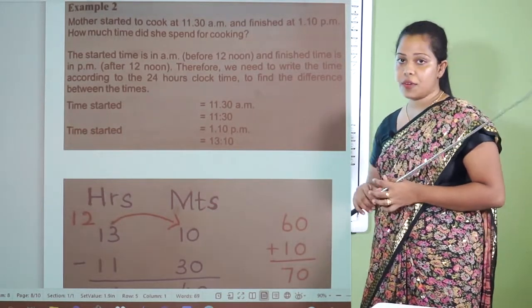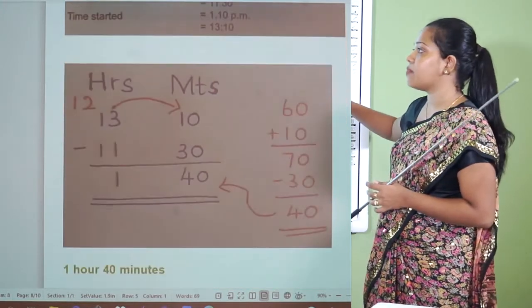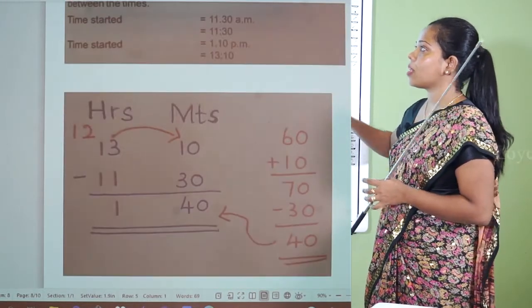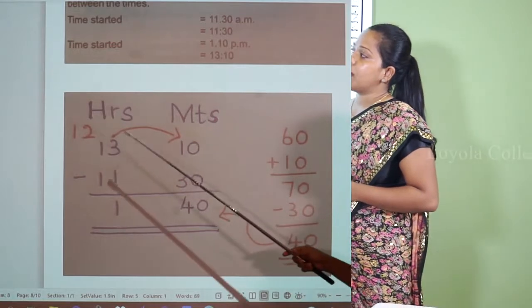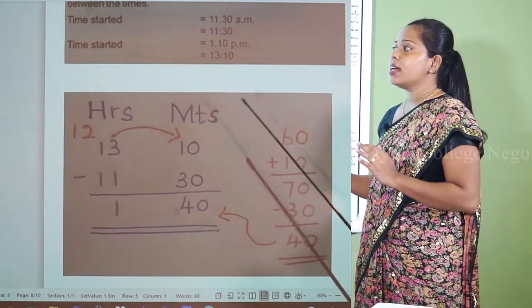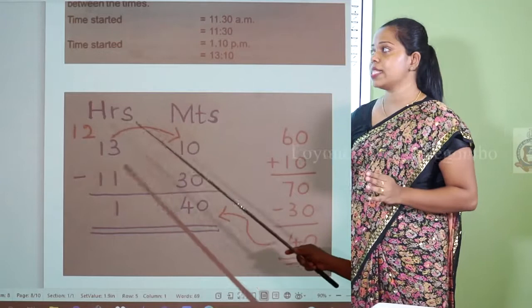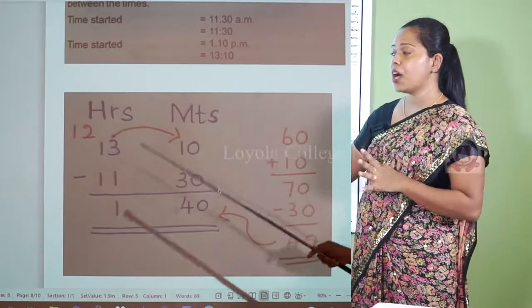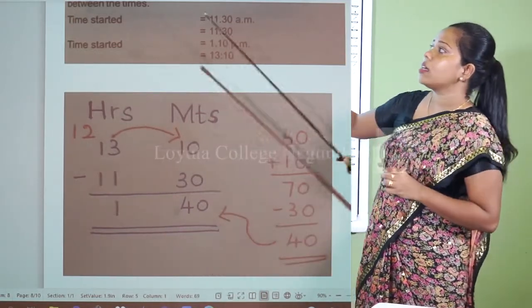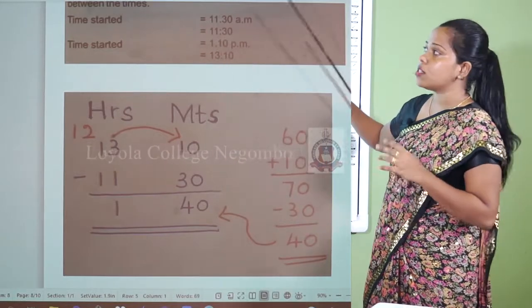Now it's easy for us to calculate the time spent for cooking. Here you must write hours and minutes. Here it's compulsory for you to write hours and minutes above, and then what is the equation we must use here?